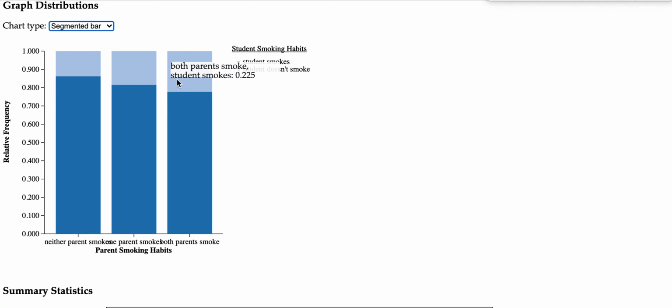Okay, so this is a segmented bar chart, and if things are a lot closer, say this one was 14% and this one was 15% and this one was 12.9%, then you're in better shape. But when one's 14% and the other one's up to 22, 23%, that's a pretty significant difference at this large sample size. So I would say that there is an association between the parent smoking and their corresponding student smoking.